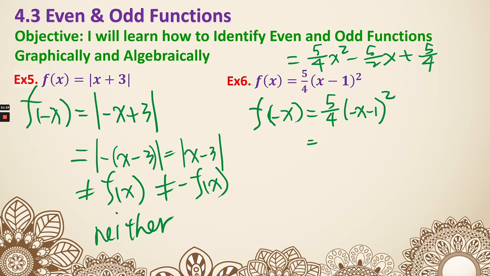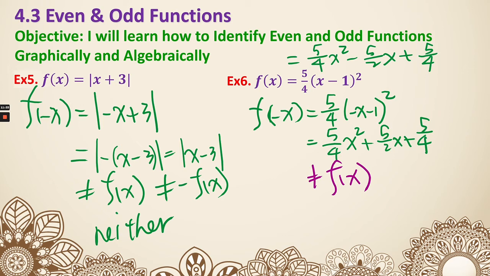I'm just multiplying everything out, distributing, and that's what you should get. As for the bottom one, if you open it, it's going to be 5 over 4 x squared plus 5 over 2 x plus 5 over 4. You can see clearly it's not the same as f of x.